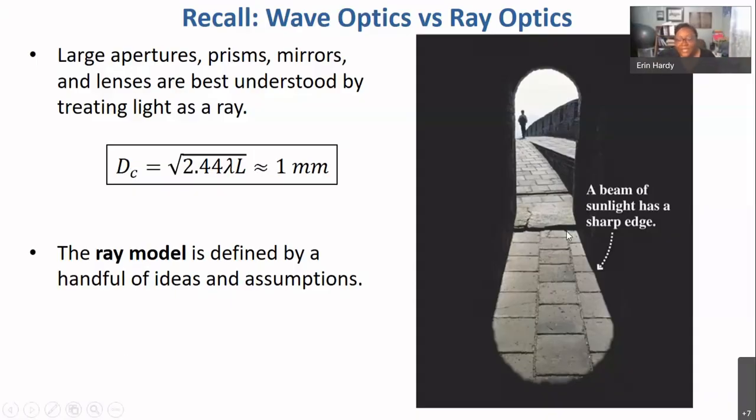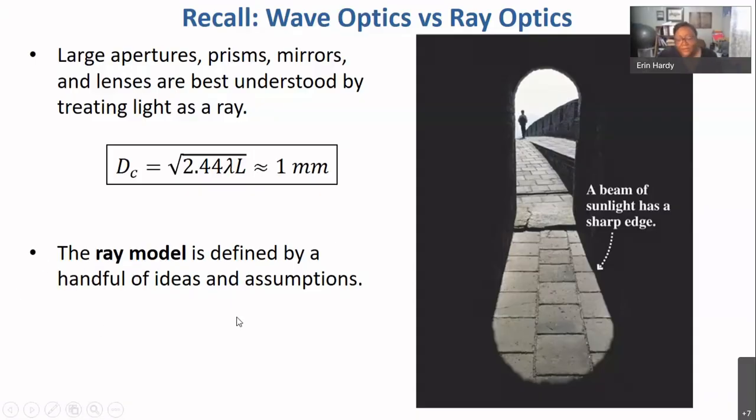However, for this doorway and all of the scenarios we're going to be working with going forward, we're going to assume that they are much, much larger than a millimeter, so that the ray model is the clear front runner in terms of which of these models is the appropriate one.